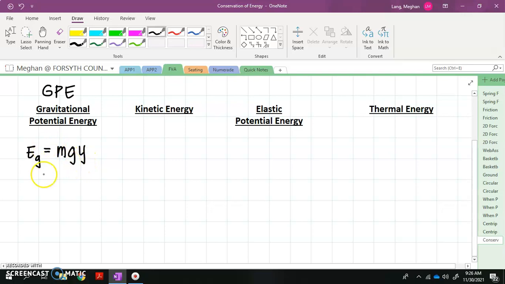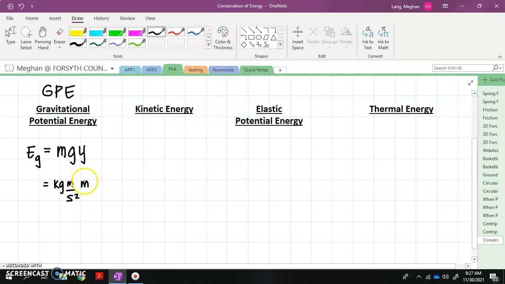Now, if I look at units here, my mass is measured in kilograms. Acceleration due to gravity is an acceleration, so it's meters per second squared, where the height above the ground is a distance, it's a height, so it would be a meter, okay? Now, I could combine those and make that meters squared over seconds squared, but I want to do something slightly different.